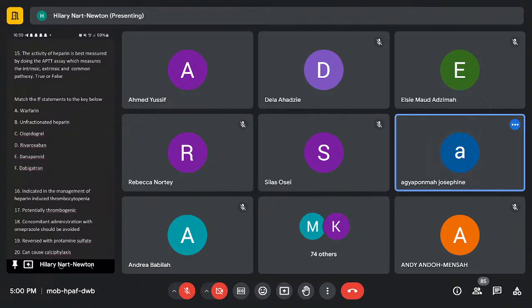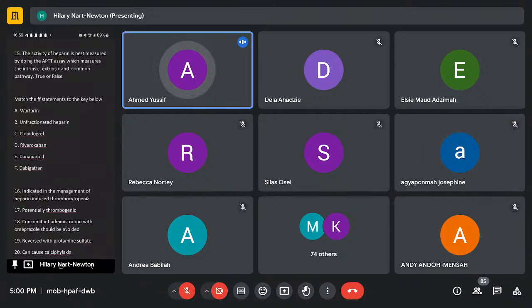False. Yeah, so that's a false statement. It will only give a reflection of the intrinsic and common pathway. So that's why we use APTT to measure the activity of heparin.